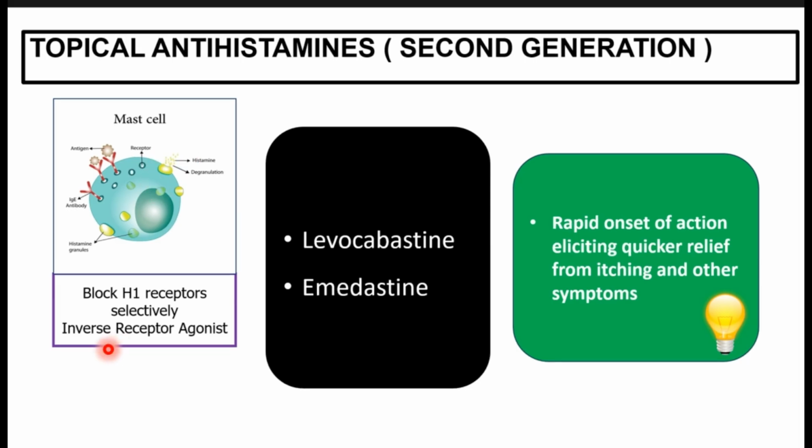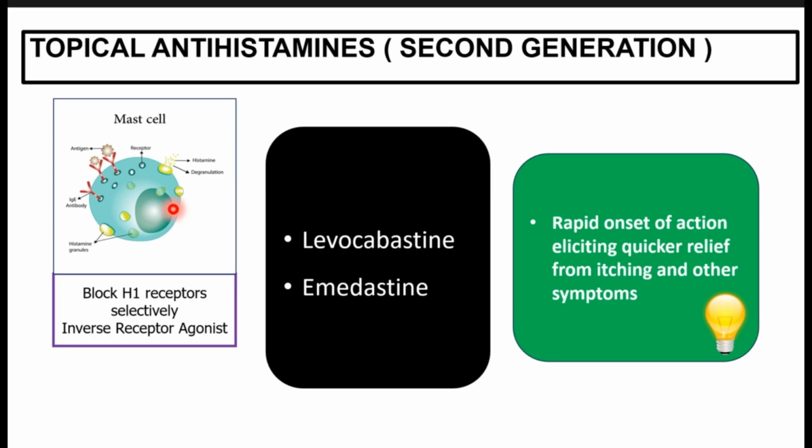As a matter of fact, they are going to act as inverse receptor agonists. So what exactly is meant by an inverse agonist? An inverse agonist is a drug that is going to bind to the same receptor as the natural agonist, but it induces a pharmacological response opposite to that of the agonist, right?